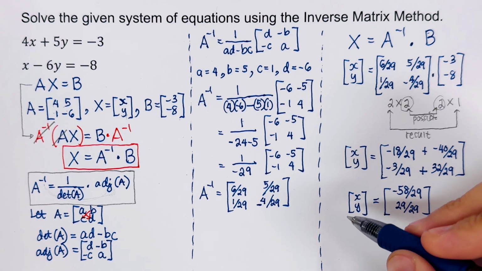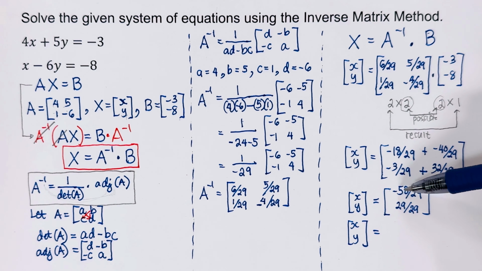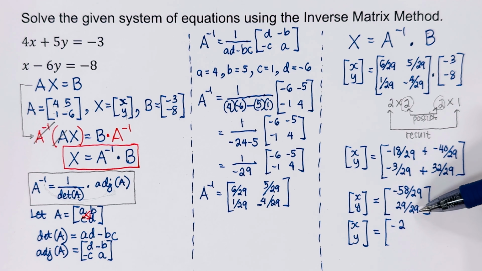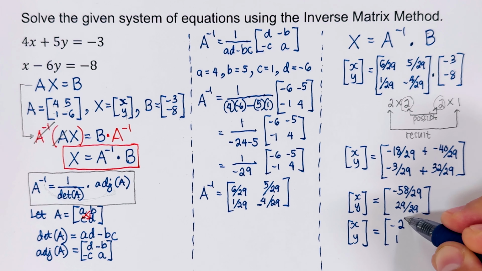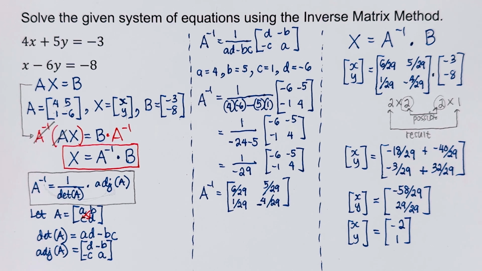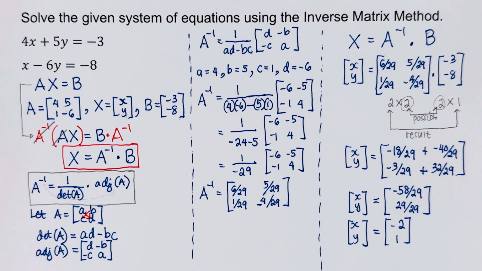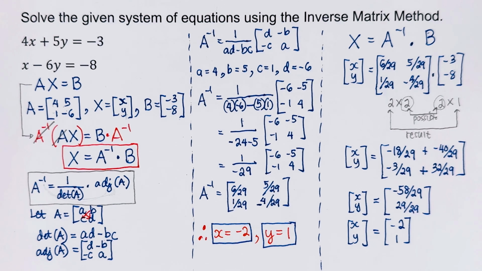So we simplify: -58 over 29 is -2, and 29 over 29 is 1. This tells us that our x is -2 and our y is +1. So that is how we solve a system of linear equations using the inverse matrix method.